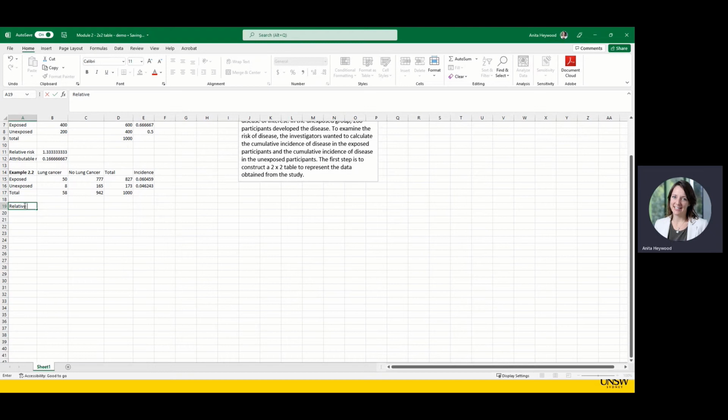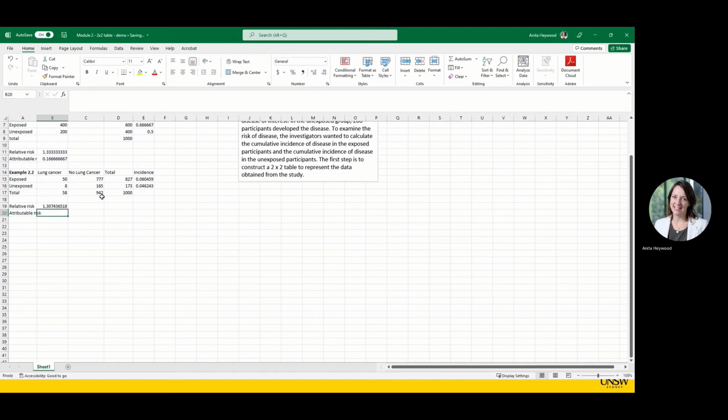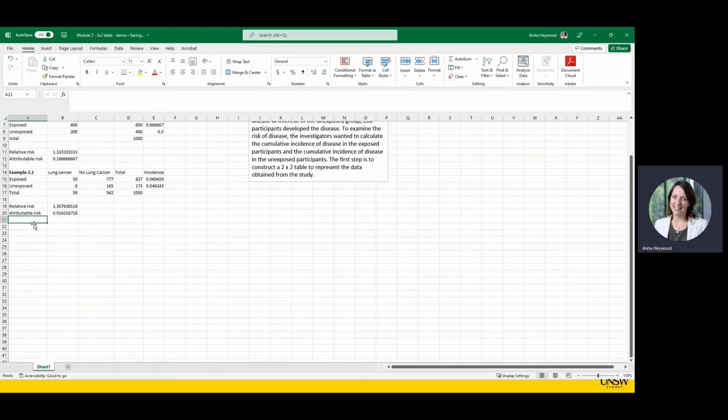Relative risk equals incidence in the exposed divided by incidence in the unexposed. Attributable risk equals incidence in the exposed minus incidence in the unexposed. A bit bigger. And then we've got our AR percent.